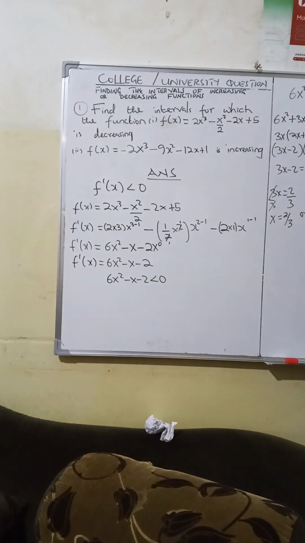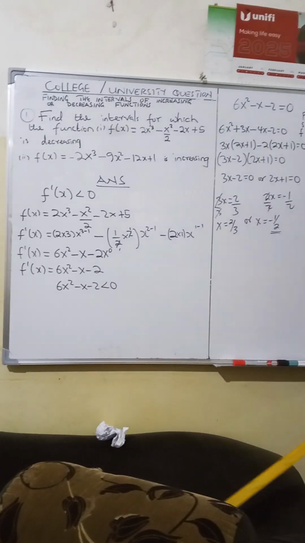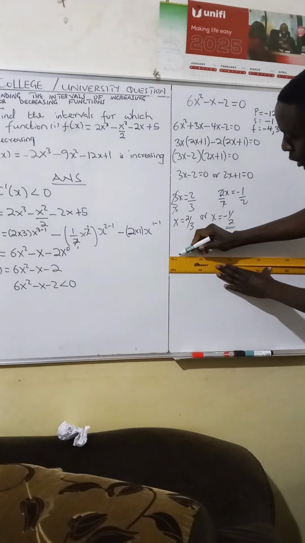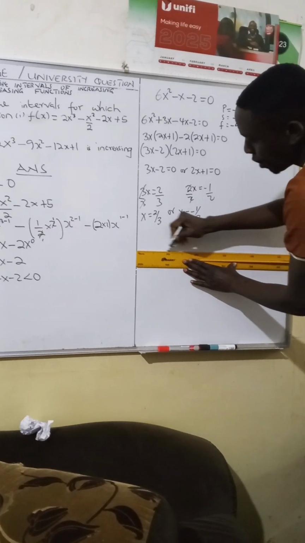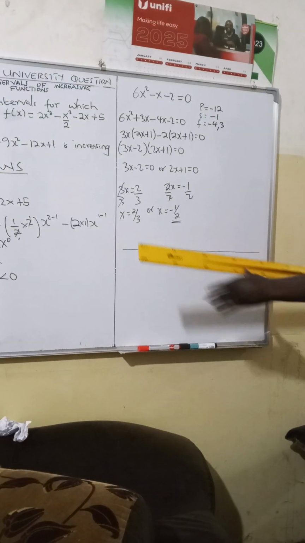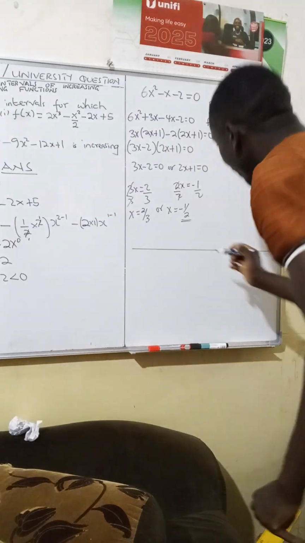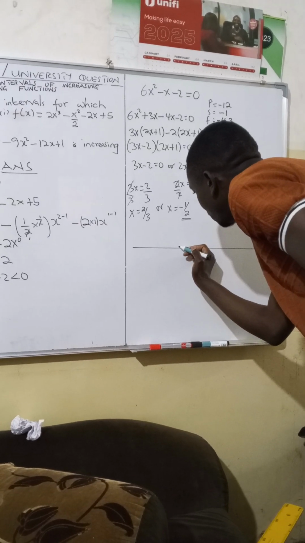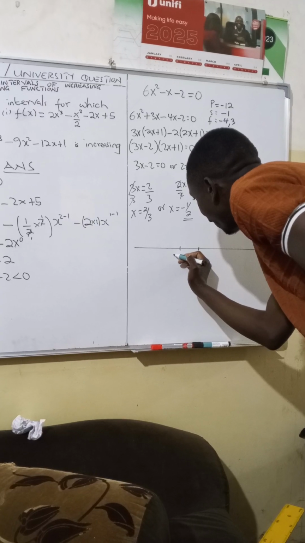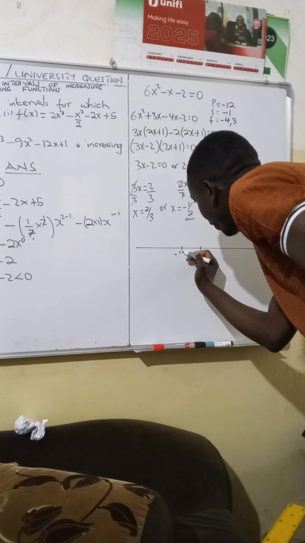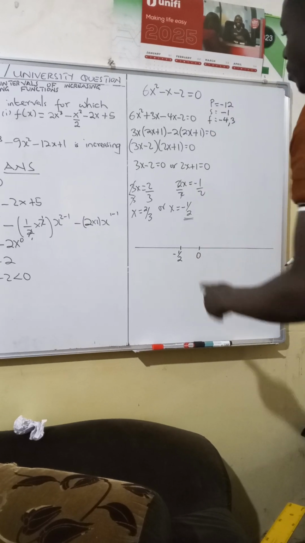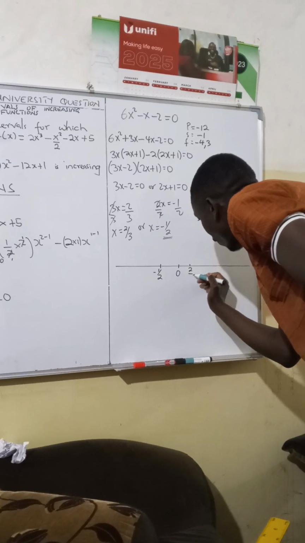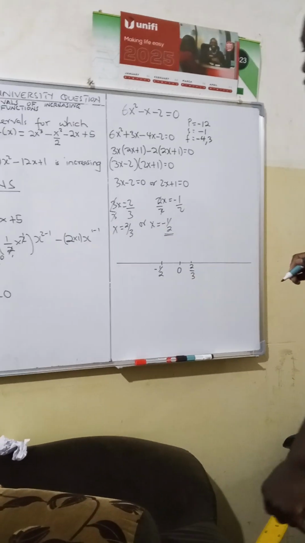Then I'm going to put these values on a number line. On the number line, I've got 0, negative half on my left-hand side, negative 1 over 2. Then positive 2 over 3 is on the positive side.